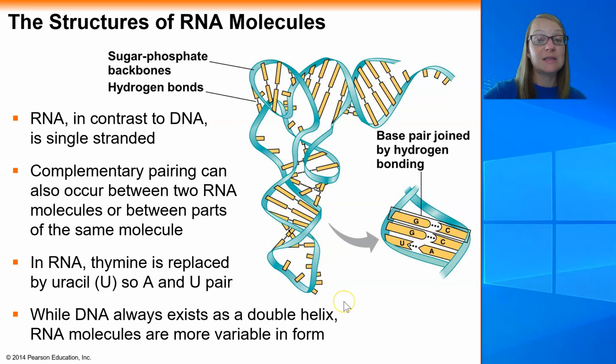And again, you have the same base pairing rules. C's are always going to pair with G's, but remember that RNA doesn't have any thymine, it uses uracil instead, so the A's are going to pair with U's in RNA instead of the T's like what you have in the DNA.